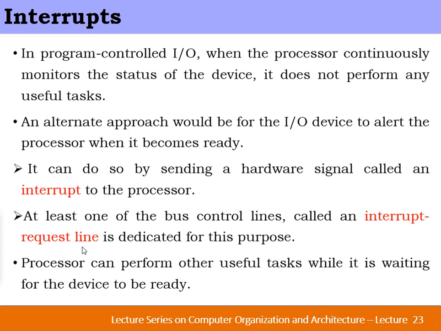Now the processor can perform other useful tasks rather than waiting for the device to become ready. When the interrupt signal is received by the processor, only then does the further action take place. Until it receives the interrupt signal, the processor keeps executing some useful programs.